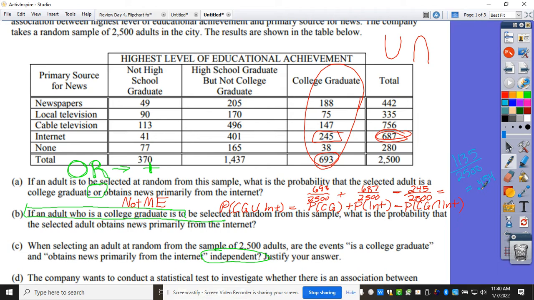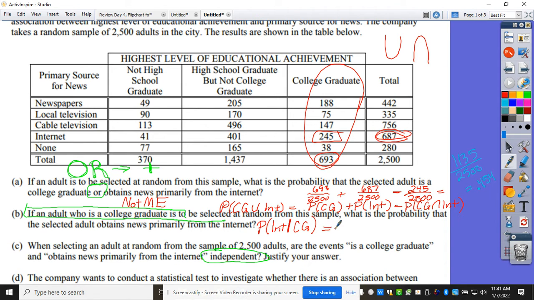So the important part about B is the if part, which means this is a what kind of probability? A given. Anything with a condition. So what is given in this problem? When I write this, I write given college graduate. What is the part now that I'm finding? Probability that what?